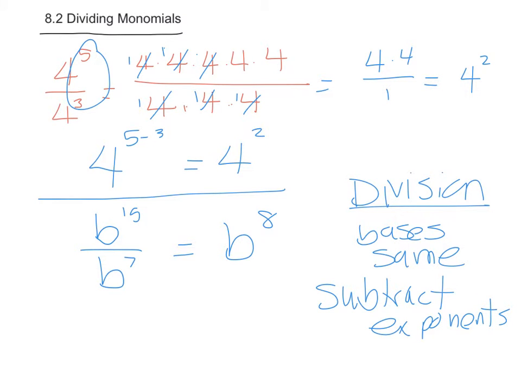Okay, so let me show you some more difficult examples. So if I have a to the 5th times b to the 8th over a times b to the 3rd. So I'm looking for the bases that are the same.